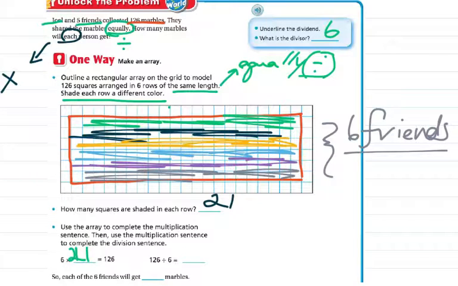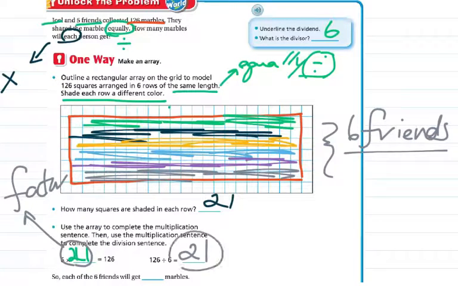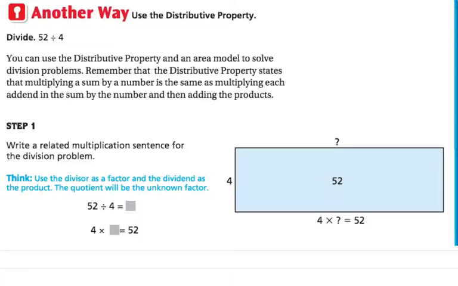Next, if we want to think about it inversely, if we have 126 divided among 6 rows, we get the answer of 21. So notice 21 is a factor when it is used here in the multiplication problem, and 21 is the quotient when it is used here in the division problem. So each of the 6 friends will get 21 marbles.